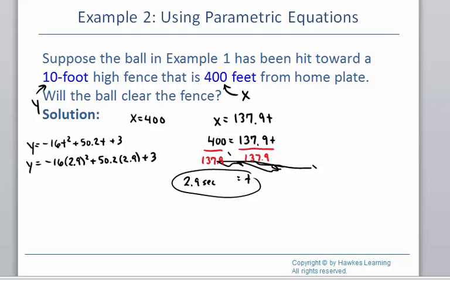I think the best way to do this is just to type it in your calculator, so we'll go ahead and do that. When we calculate it, we come up with a height of 14.02, so roughly 14 feet.